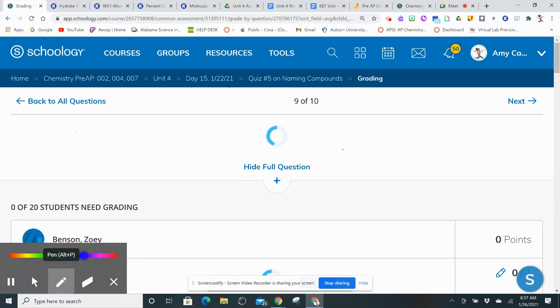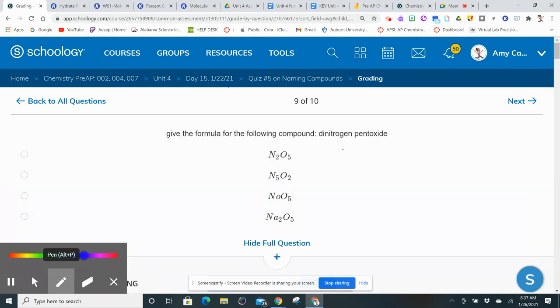If you're looking at a name of something and you don't see any prefixes, you can chalk it up that it's ionic. Either it has a metal or it has two opposite charges like the last one we did. Because if it's covalent, at least the second one will have some sort of prefix on it. Okay?